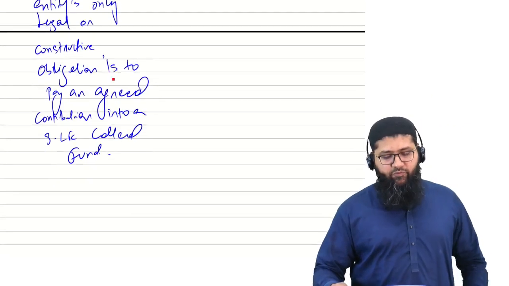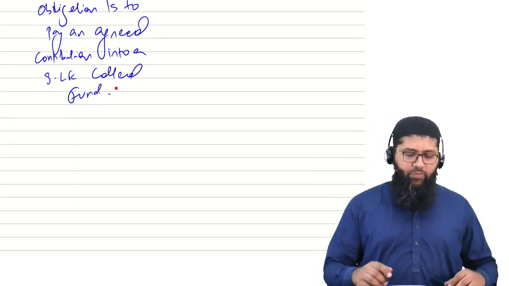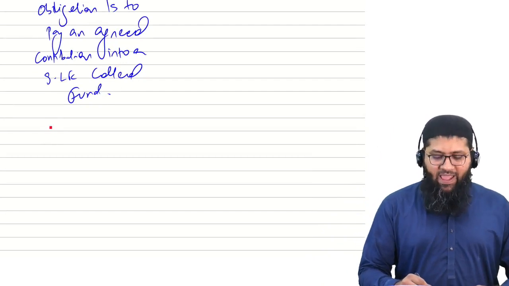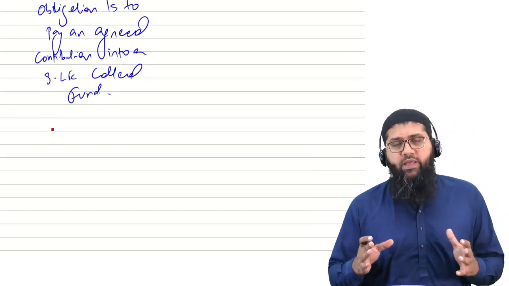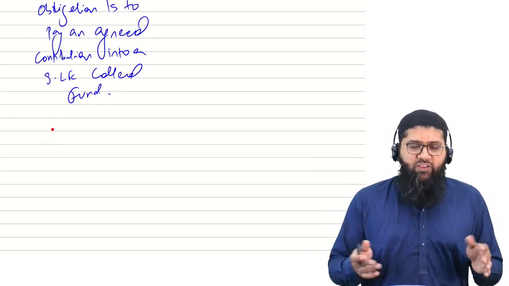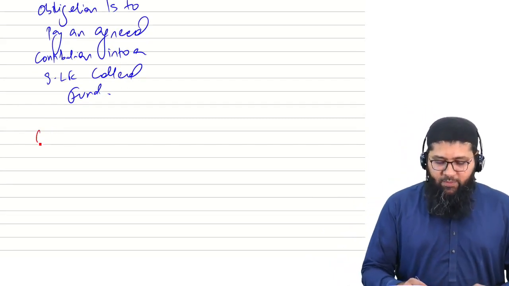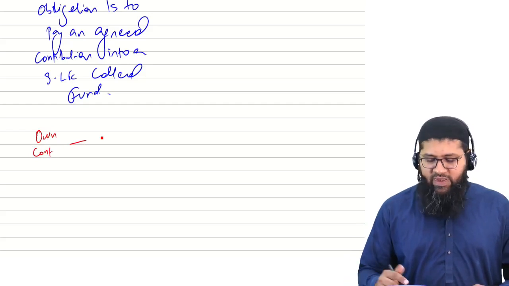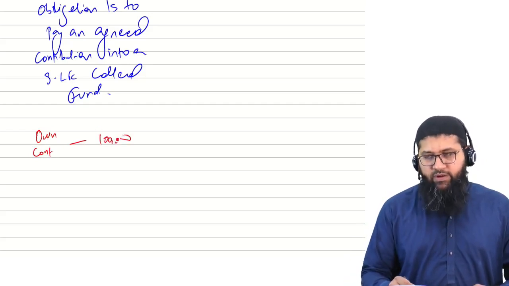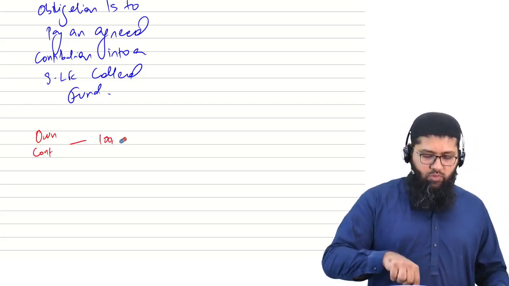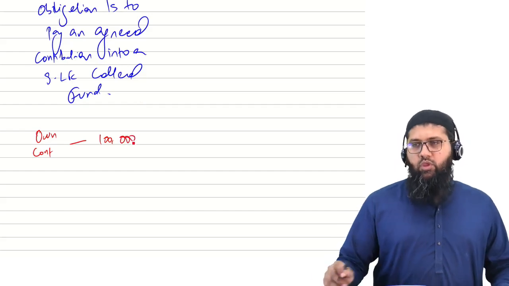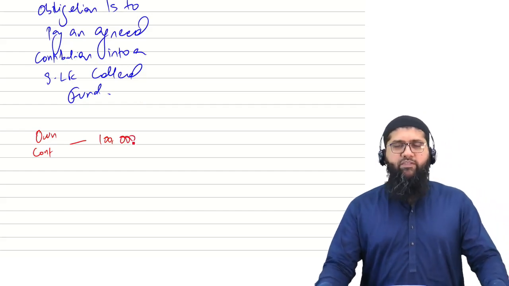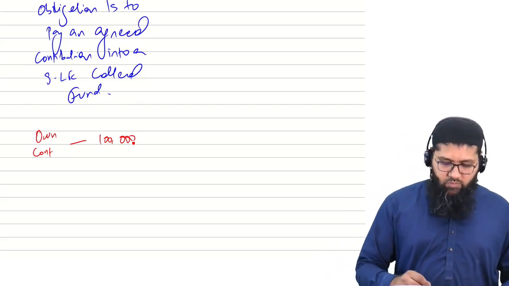Now what do you mean by this? For example, try to understand this. Assume that as an employee, there are multiple employees who invest, but your own contribution into the fund is, let's say, 100,000.